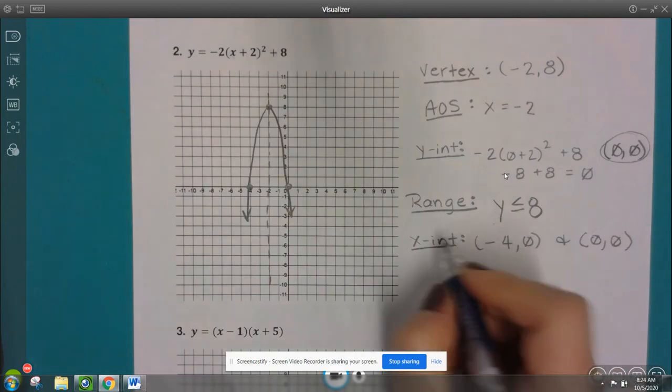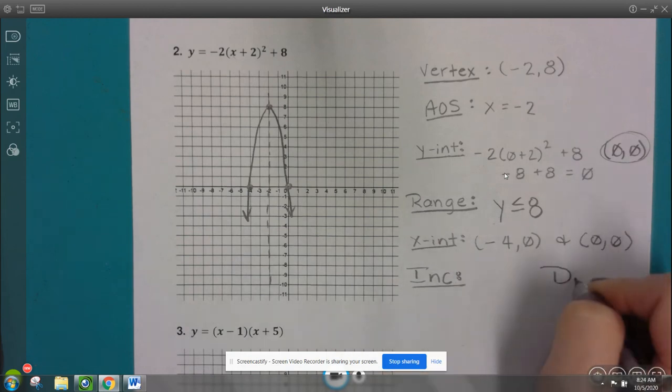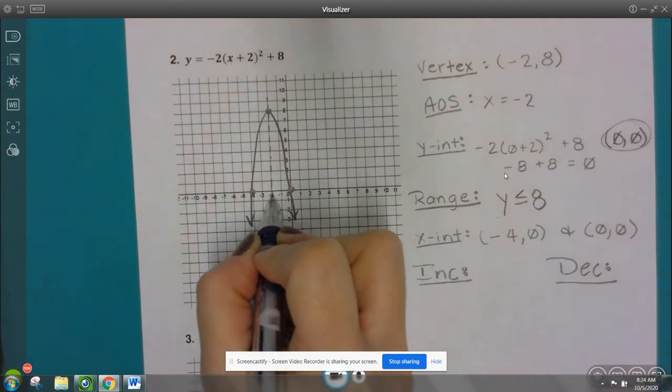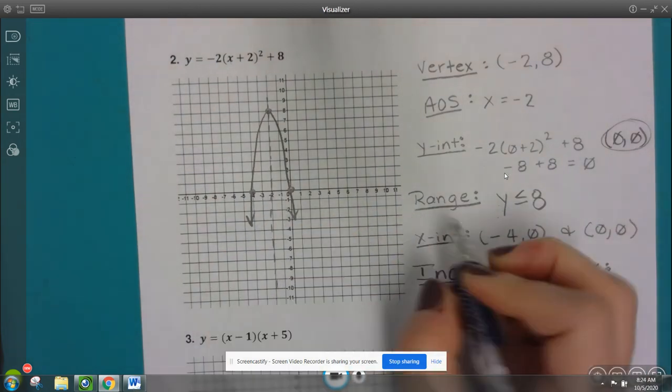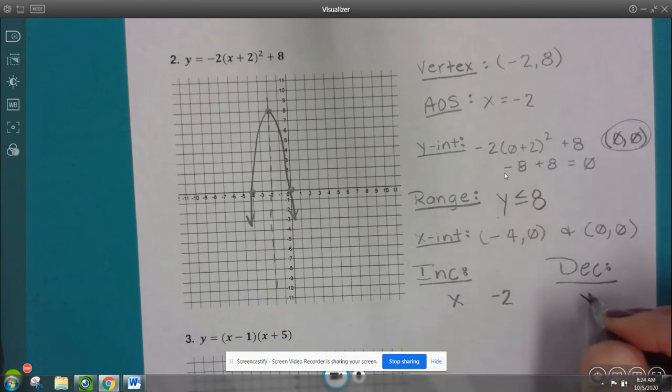So now I need to do my increasing and decreasing again. Now these are going to be the opposite values of each other. They're going to deal with my axis of symmetry. So I know that they're both going to somehow be related to -2. And I need to figure out which side is increasing and which side is decreasing.